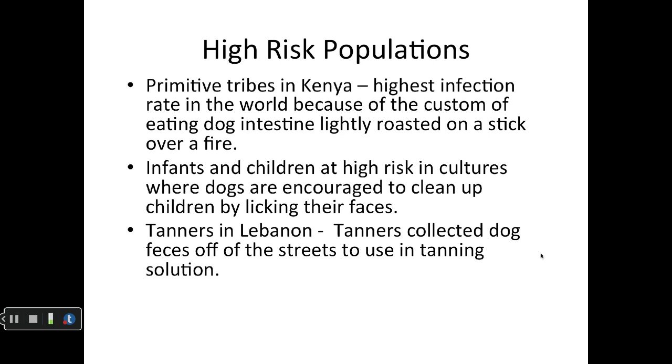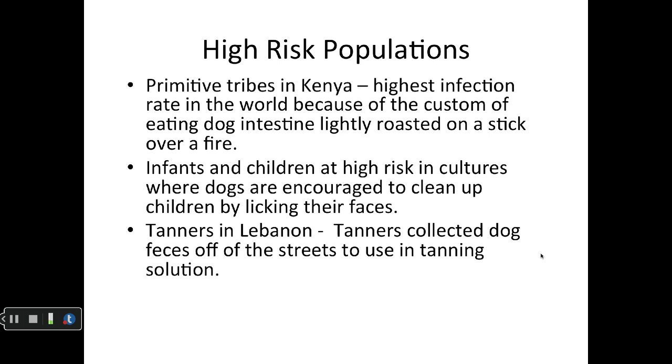Historically, there are several high-risk populations. Primitive tribes in Kenya are known to have the highest infection rates in the world, especially in the past. And the reason for this is because of a custom in some of these tribes of eating dog intestine.